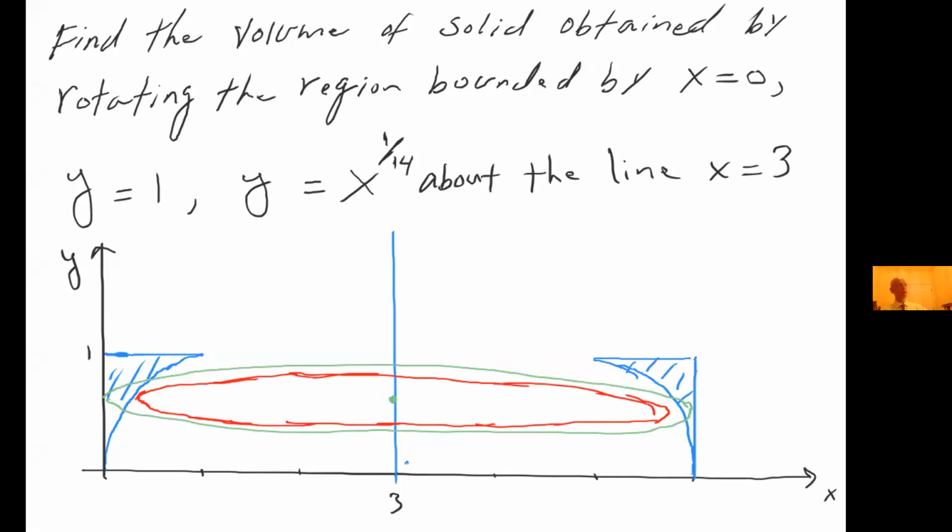This time we want to find the volume of the solid of revolution that is obtained by x equals 0, that would be the y-axis, y equals 1, and y equals x to the power of 1/14.